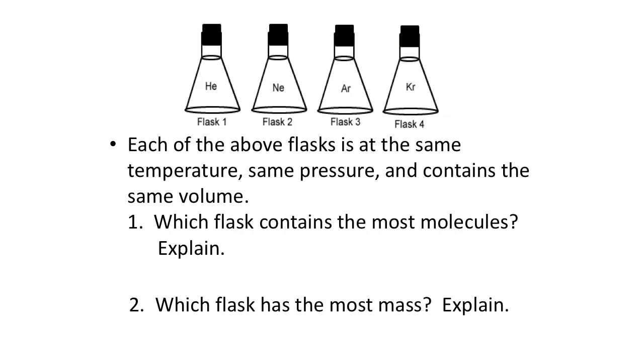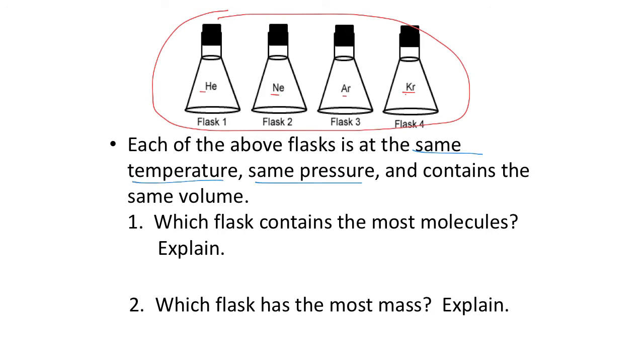All right, you guys don't have this example problem in your notes, but we can just take a quick look at it. So we have 4 different flasks here, and they all have different gases. We've got helium, neon, argon, krypton in there. All 4 of our flasks are at the same temperature, same pressure, and have the same volume.